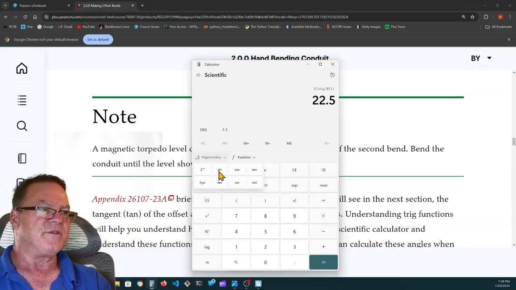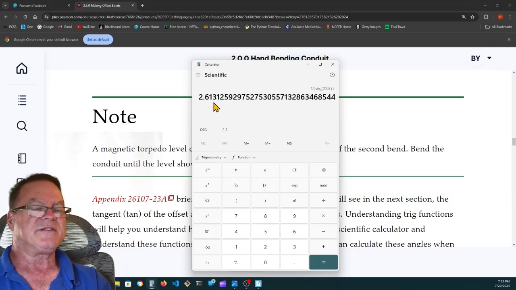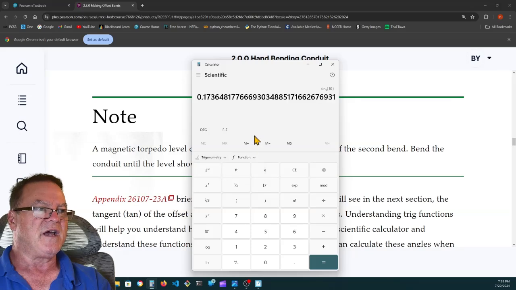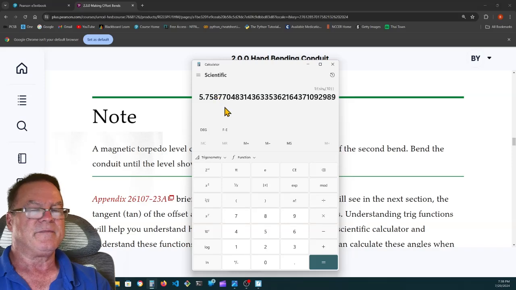Well, we'll do the sine of 22.5 and we'll reciprocate it. 2.61, that's your multiplier for 22.5 degrees. What's the multiplier for 10 degrees? 10 degrees sine is 0.17. We'll reciprocate it. It's 5.76. So about 5 3/4 times the obstruction height, whatever that height is.